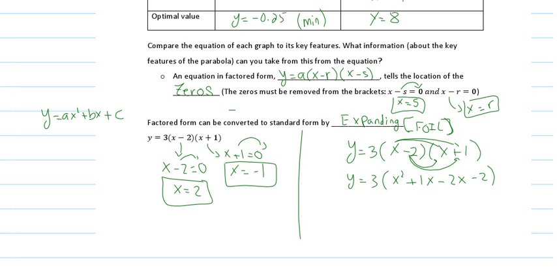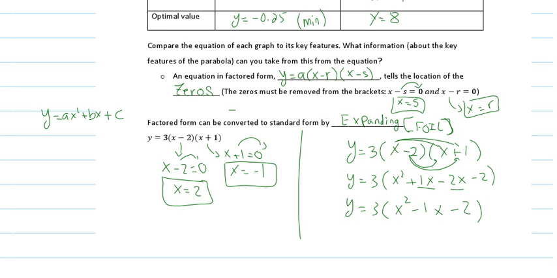I can simplify inside my brackets first, collect like terms. So you see that the like terms are the 1x and the minus 2x. And then my final step is distributing that 3 in.